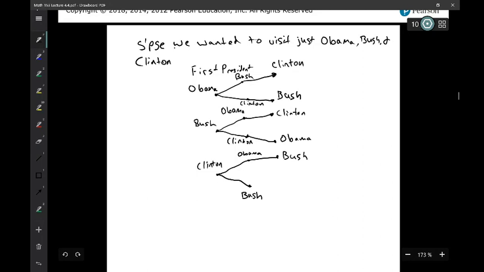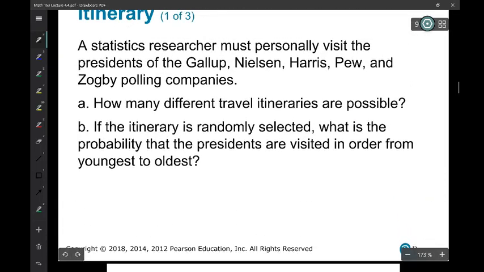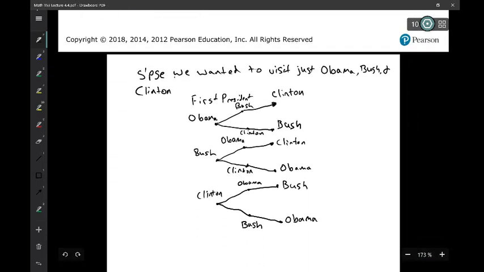And finally, Clinton, Bush, Obama. So the different itineraries would be these individual lines. So this would be an itinerary here. The first itinerary would be Obama, Bush, Clinton.